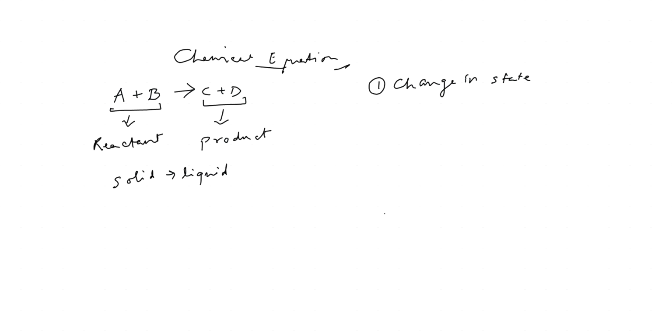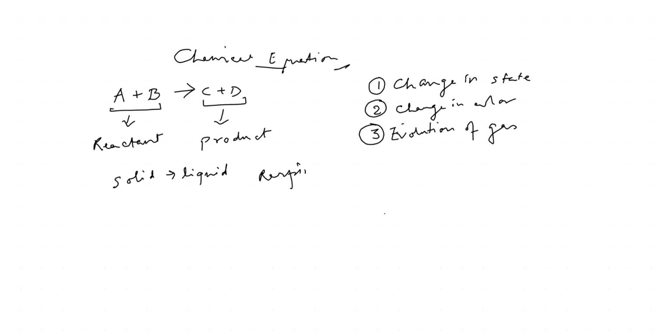Second, I can say that there can be a change in color. If I talk about rusting of iron, there's a change in color. A brown color becomes a blackish color. Third way is evolution of gas. There is some kind of gas which is being evolved. A very common example is respiration, where there's evolution of gas.